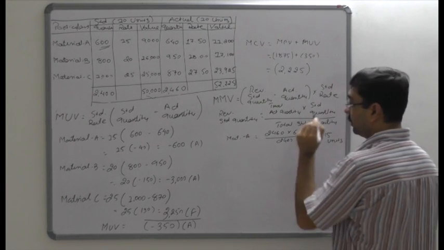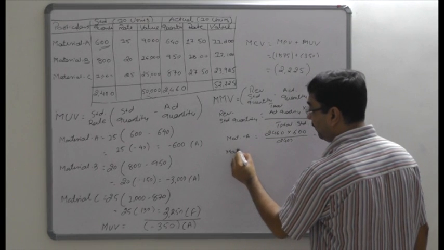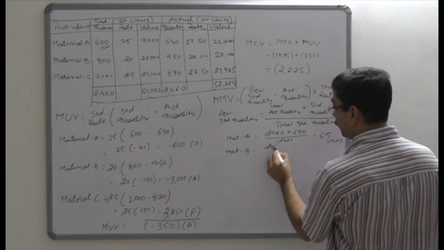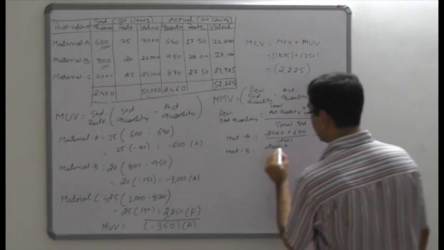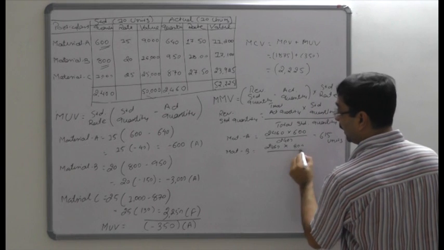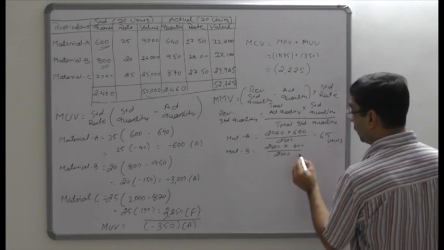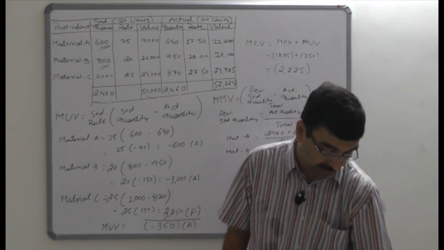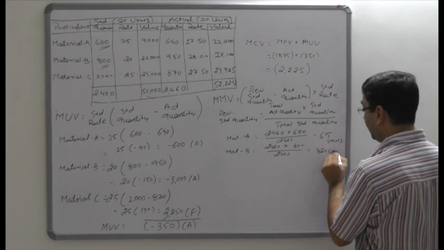In the same way, for material B: 2460 multiplied by 800, divided by 2400, your revised standard quantity is 820 units.